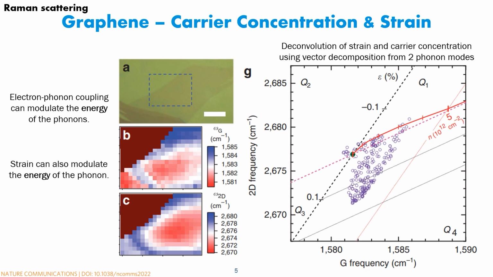And when they deconvolute the peak position change, they are then able to correlate this change to the carrier concentration and the strain percentage within the graphene system.